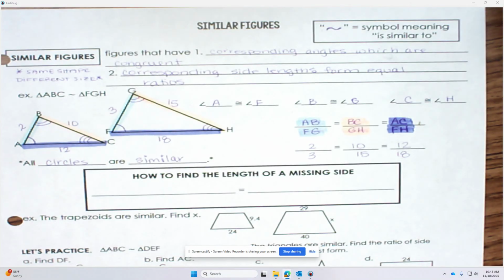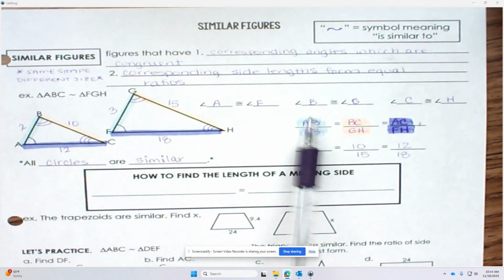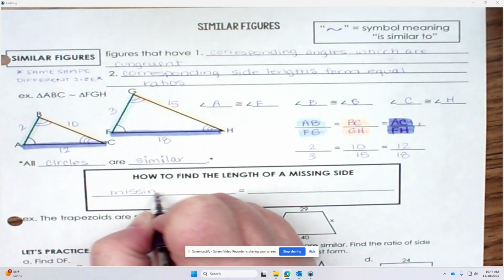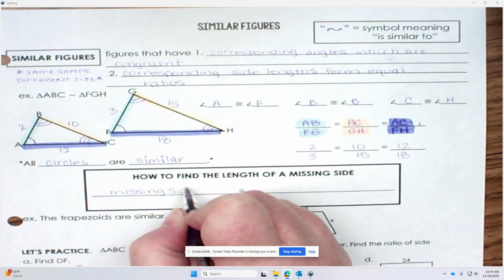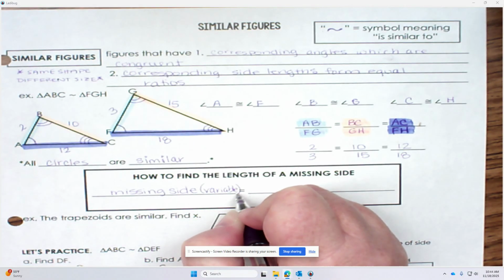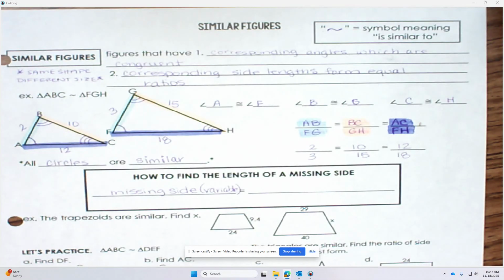Okay. Next thing we need to talk about, how to find the length of a missing side. So we're going to go ahead and form some ratios here. If we know that things are similar and we've got some ratio information, we can solve for an unknown side. So we're going to put the missing side here. And you're going to put it in as a variable, just like always. If I don't know something, I'm going to select a letter to represent it. Okay?